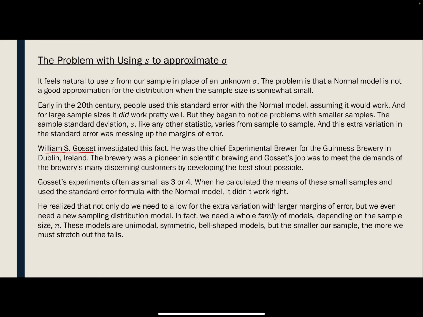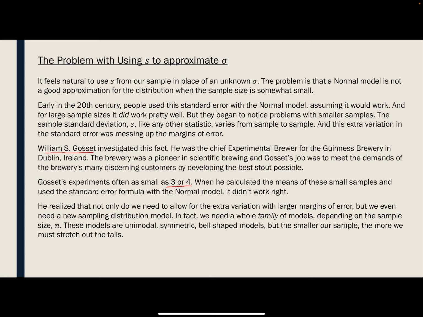So he wants to make sure that every Guinness beer tastes the same every time, but also making it taste really good, right? So he does a lot of experiments, but it takes a long time to grow hops or set up these experiments. So a lot of times his sample sizes were very, very small, like sample sizes of 3 and 4. And when he tried to apply the normal model, it wasn't working right.